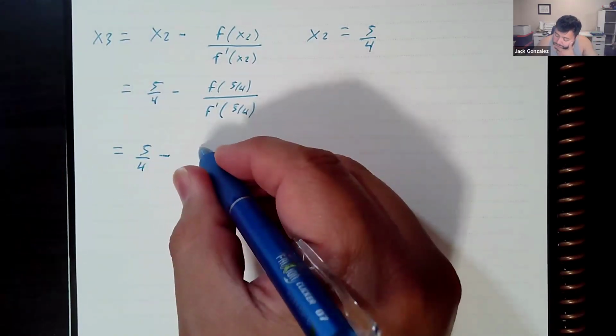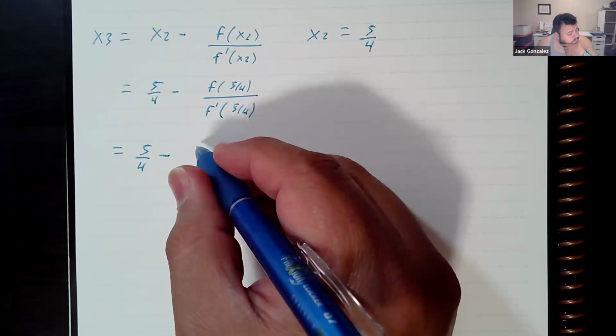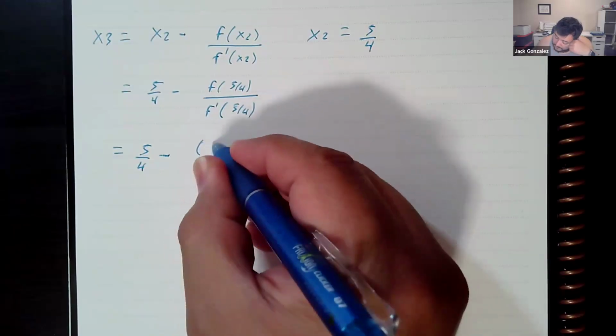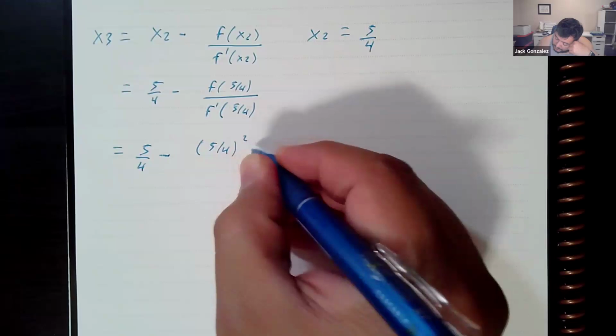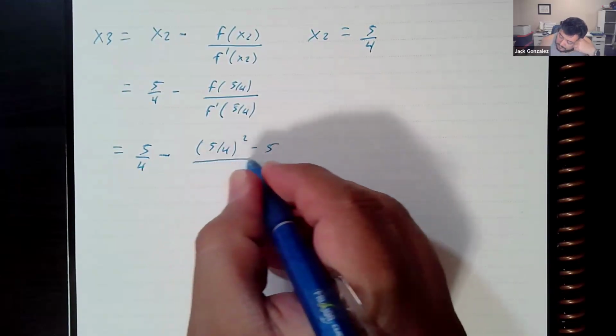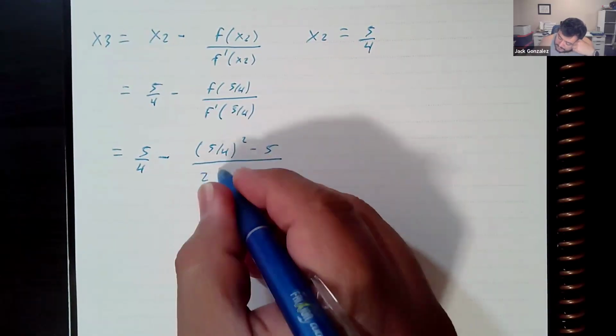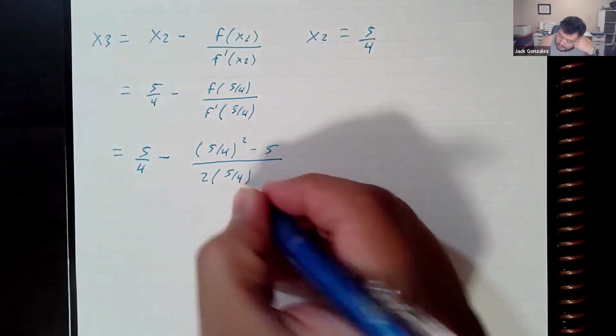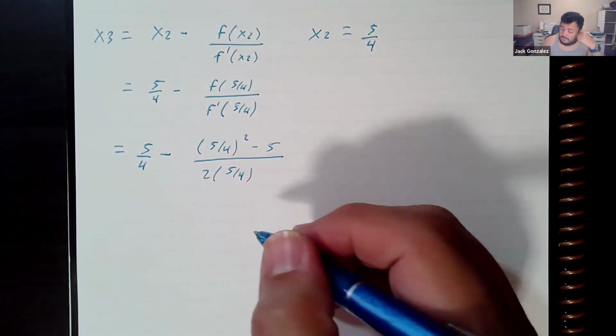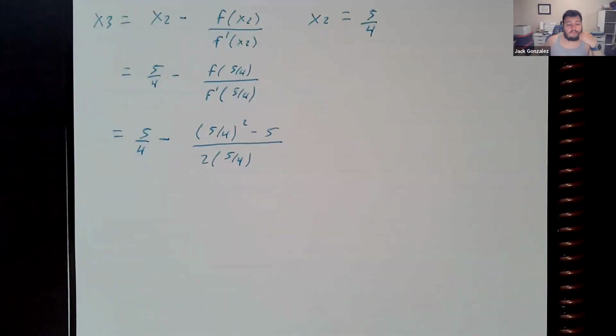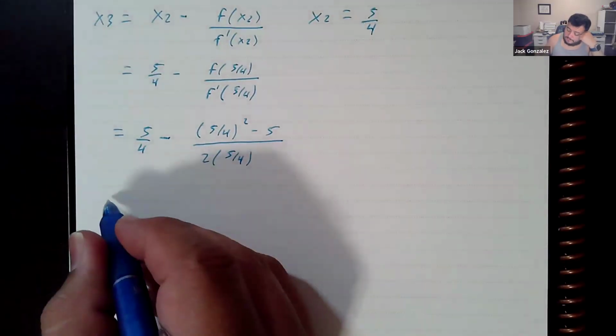So that'll be x squared minus 5, so 5/4 squared minus 5 divided by 2 times 5/4.